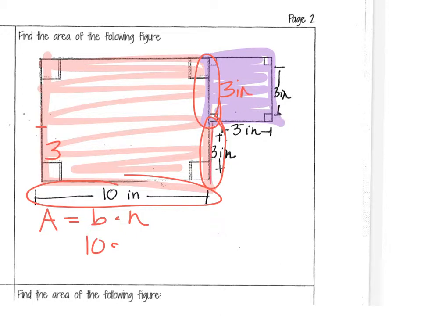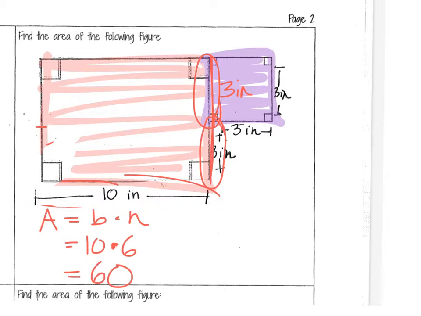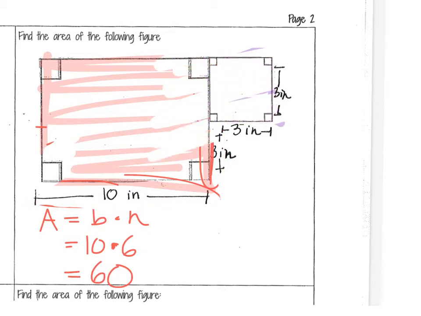So if I have 3 plus 3, my height is 6. 10 times 6 is 60. Let me go back over that again.